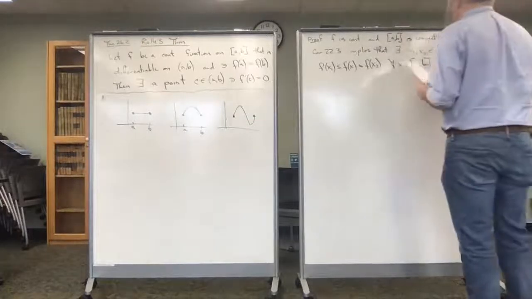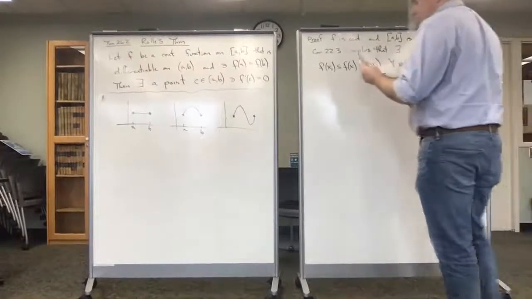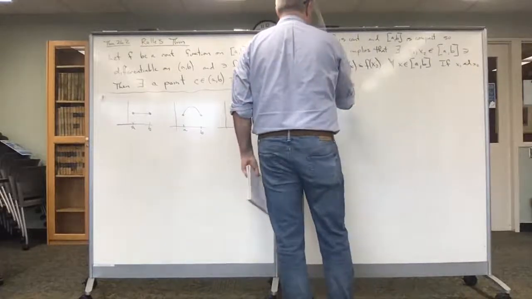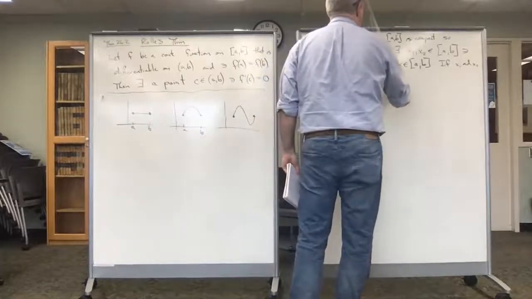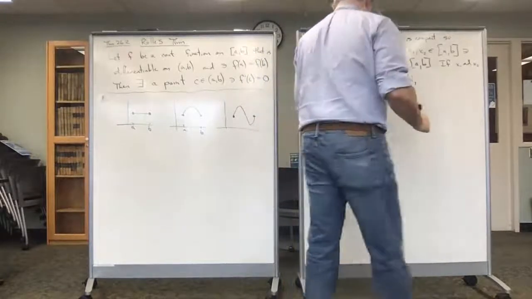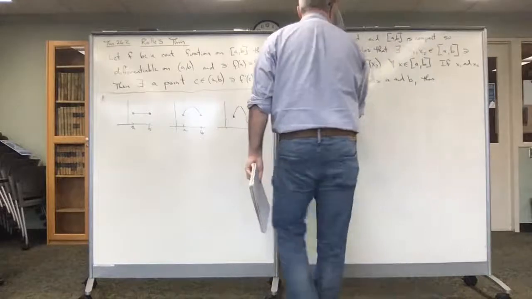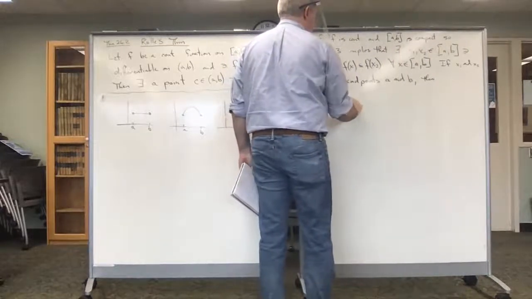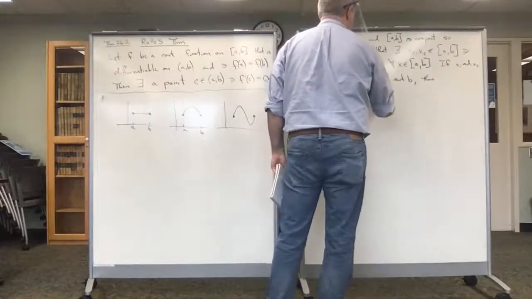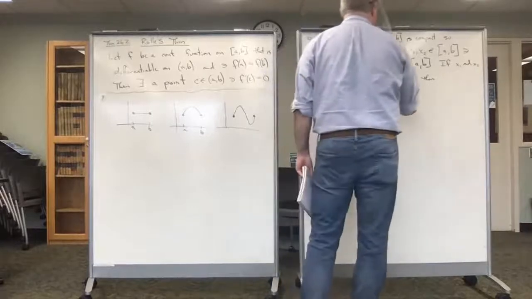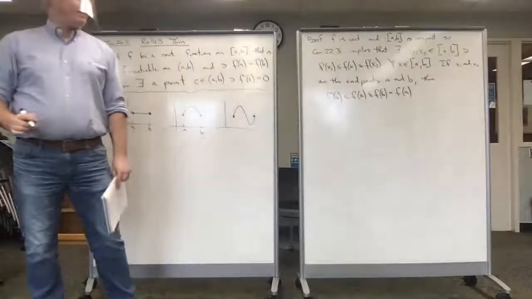Okay. If x1 and x2 are the endpoints A and B, then we have the following: f of A is less than or equal to f of x is less than or equal to f of B, which is equal to f of A, because that's what was given to us in the problem, that f of A and f of B are the same.